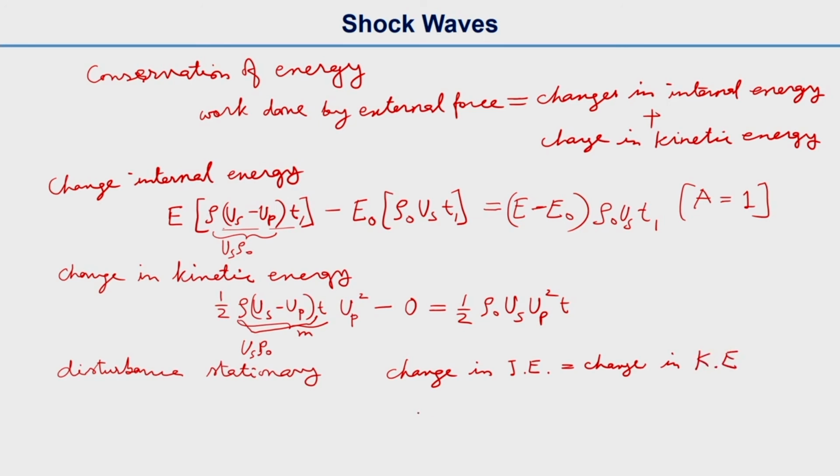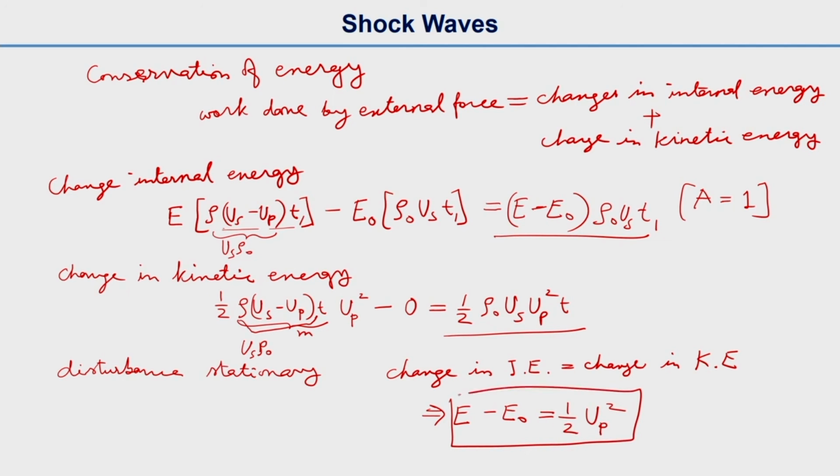If we equate these two terms, we get E minus E naught equal to half of Up squared. This was initially proposed by Davis in 1987, for a compressible fluid in a cylinder pushed forward by an idealized piston.